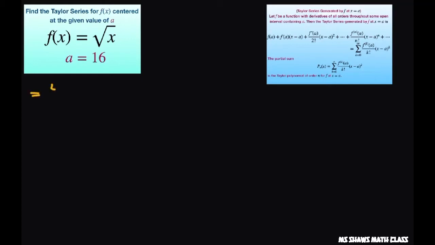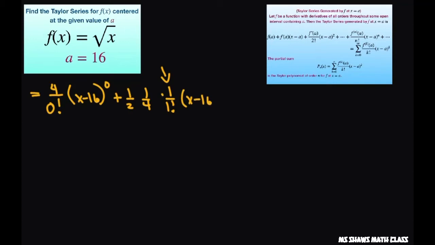So this is going to equal 4 divided by 0 factorial times x minus 16 to the power of 0, plus 1/2 times 1/4 times 1 divided by 1 factorial. You can skip that step if you want. And then we have x minus 16 to the power of 1. Then we have minus 1/4 times 1/4 cubed times 1 divided by 2 factorial times x minus 16 squared.